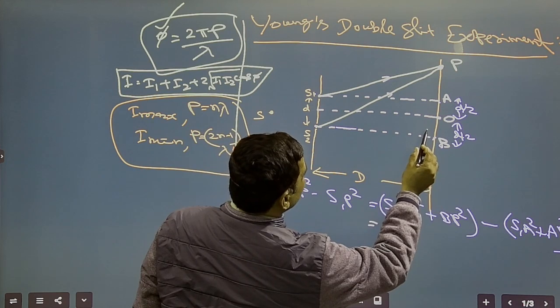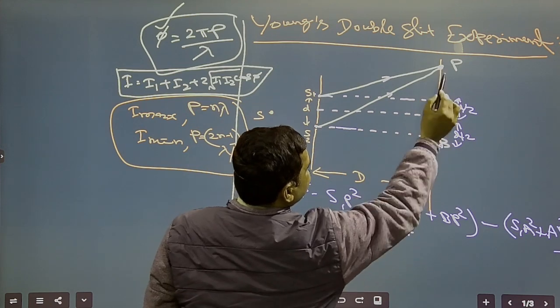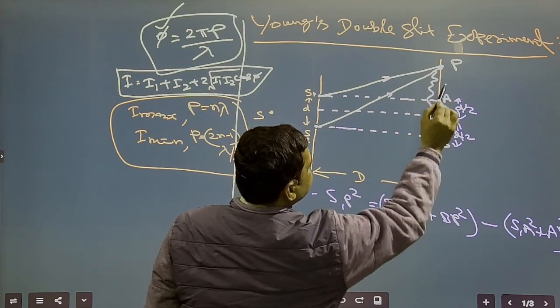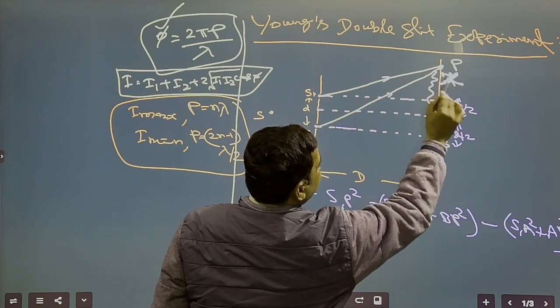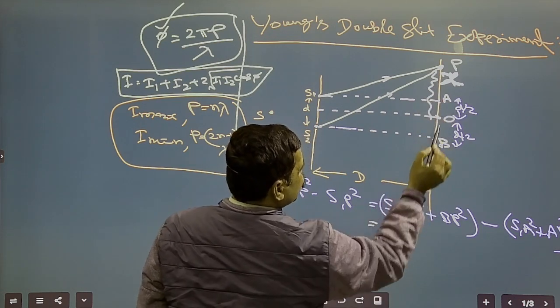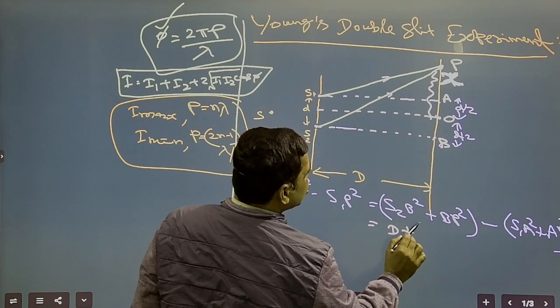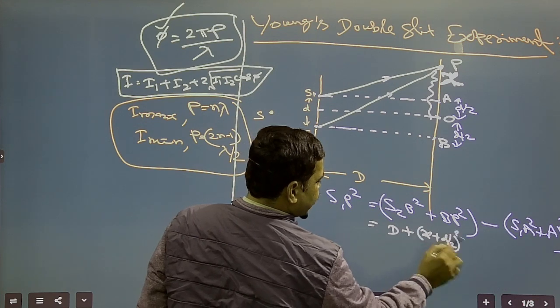What is BP? BP will be the total distance. Suppose the distance to the screen is D, and take the distance between O and P as x. Then OP plus OB will be (x plus d by 2) whole square, right?